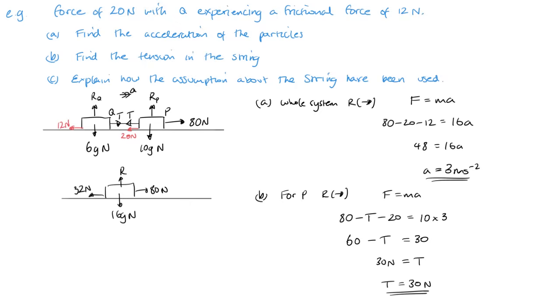But just to show you, I could have used Q. So for Q, actually I'll do this in red. It would have been using F equals ma, T going forwards, and just 12 going backwards equals 6 times a.